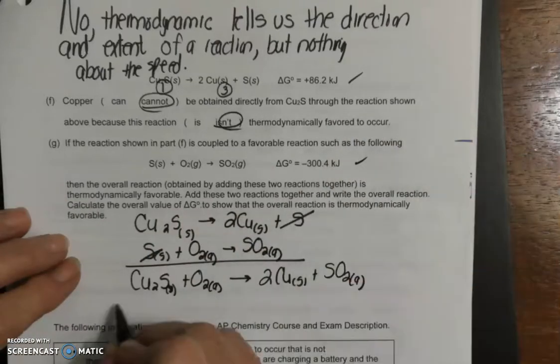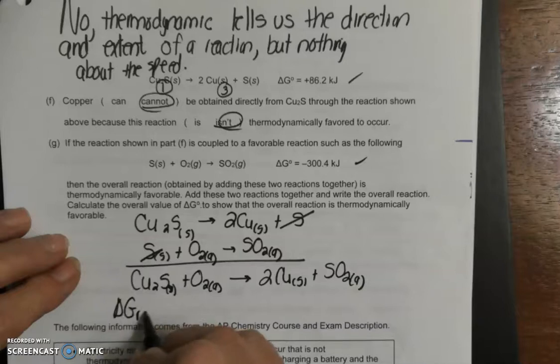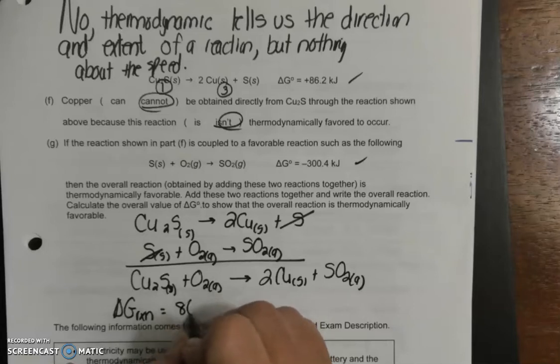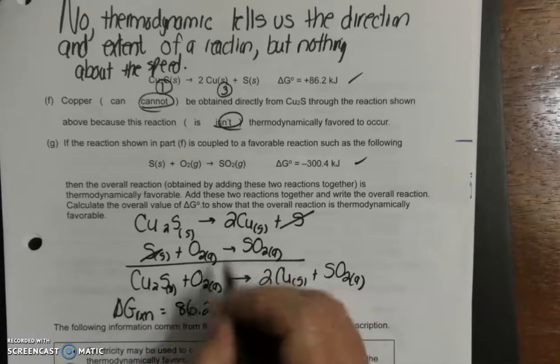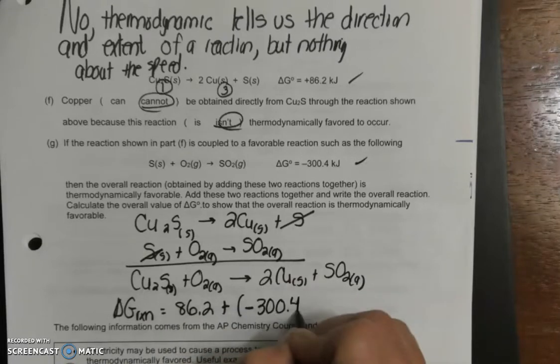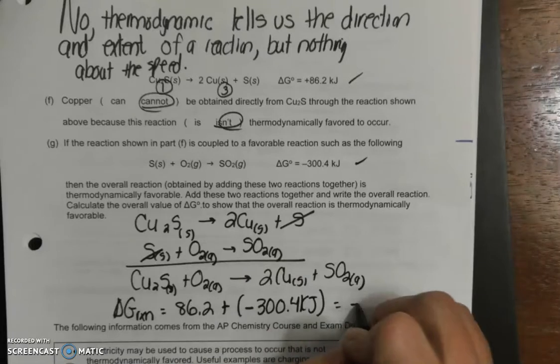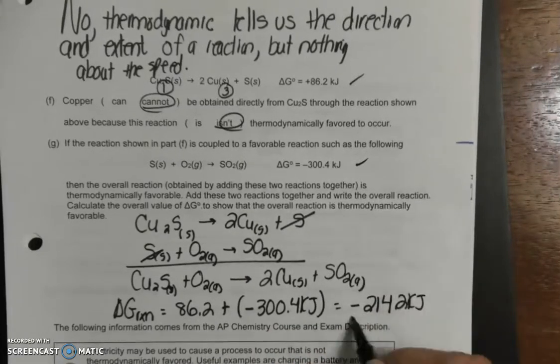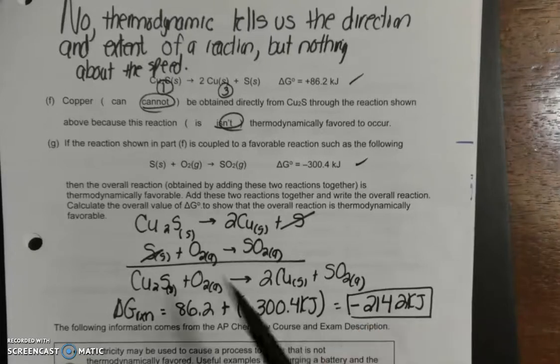The delta G for the reaction is equal to 86.2 plus a negative 300.4 kilojoules. And that gives me now minus 214.2 kilojoules. And therefore, I have coupled the reactions.